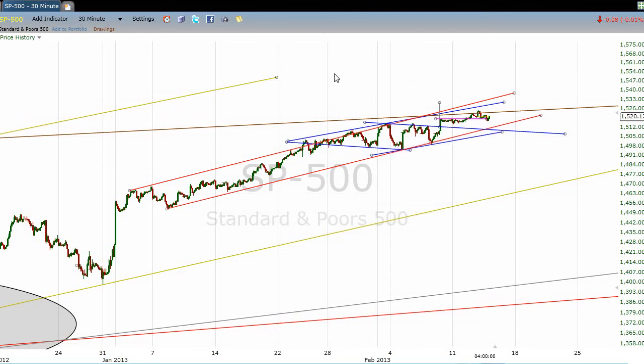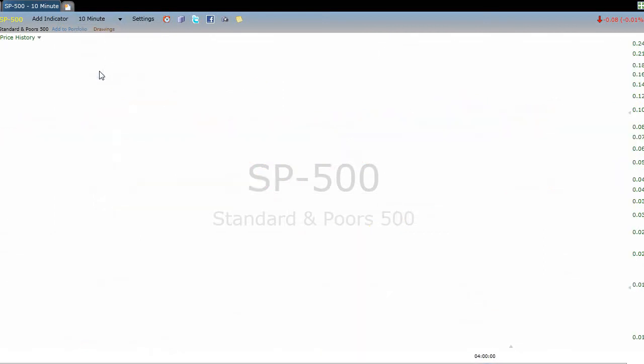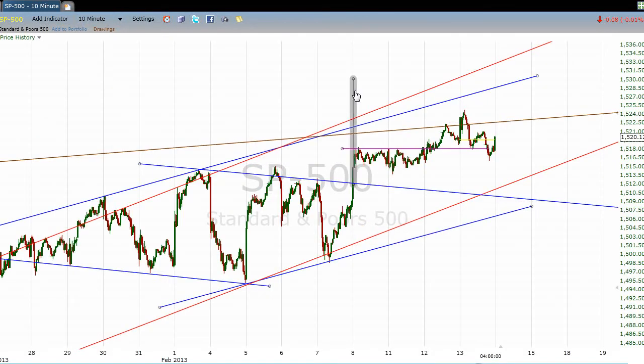But this is where things get very interesting. This triangle, by the way, has a projected target. I've got some new subscribers today, so I'm assuming you probably have looked at some of my videos.